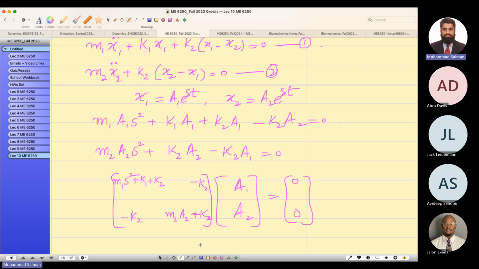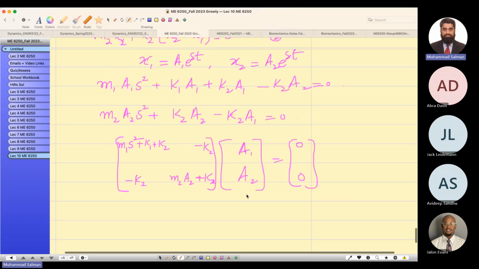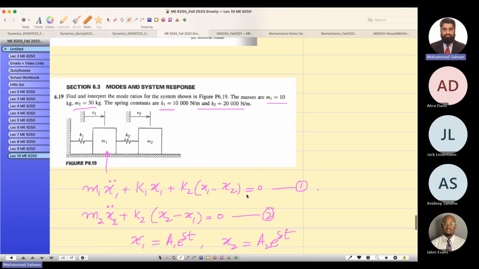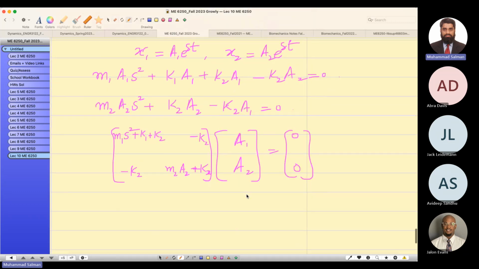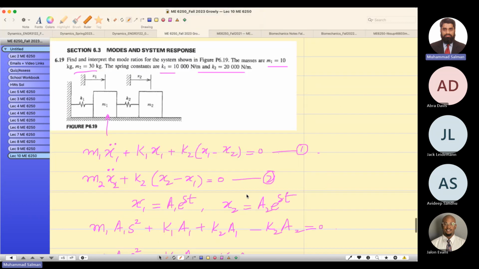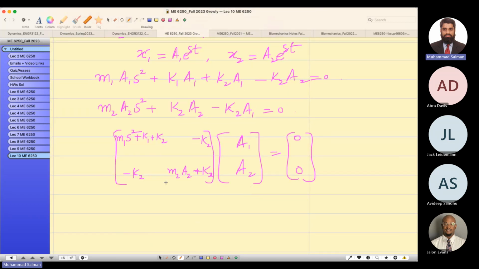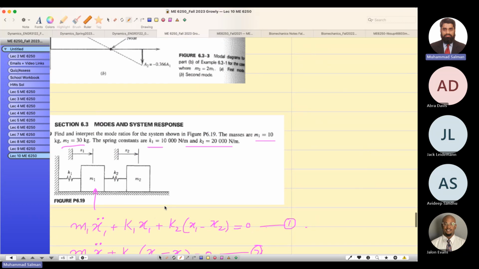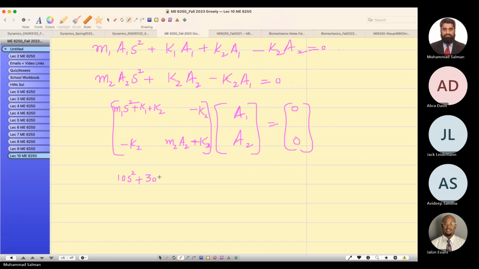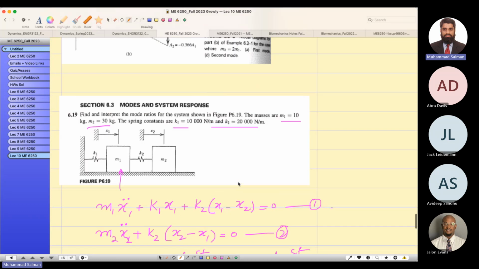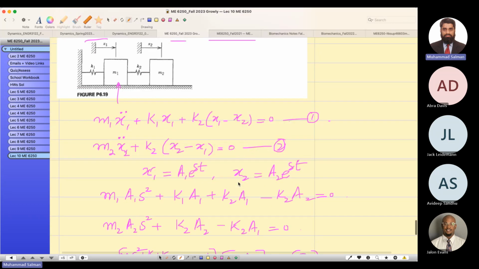So I've done very quickly the matrix form, and I know masses are given. Mass M1 is 10 kilograms, M2 is 30 kilograms, and K1 and K2 are given. Let's do it very quickly, okay? And 10 s squared plus how much is K1? It is 10,000, K2 is 20,000. Can I write down 30,000? And negative K2, it is 20,000.